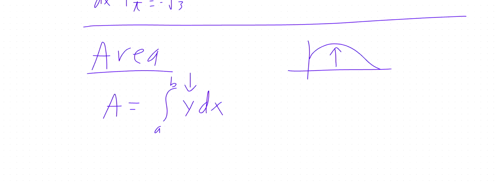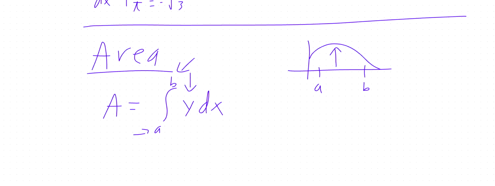but we need to do a little bit of manipulation here so that we can use our t's because that's what we want. Now this a and b are going to be in terms of our x values. So we have to translate them into t values. We need to have dt's.